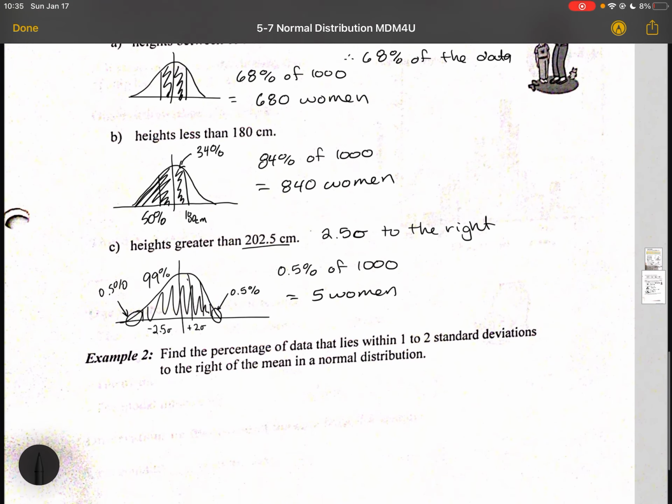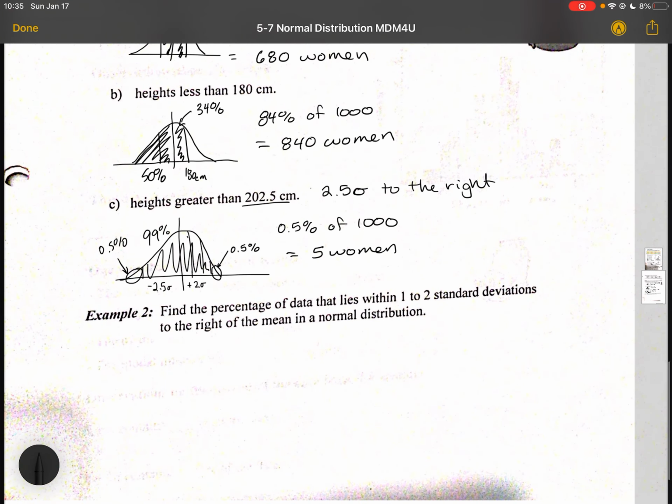Example 2 is going to ask us to go the other way. Find the percentage of data that lies within 1 to 2 standard deviations to the right of the mean in a normal distribution. So let's do a sketch to represent it here. So I've got my normal distribution. Here I've got 1 standard deviation, and here I've got 2 standard deviations.